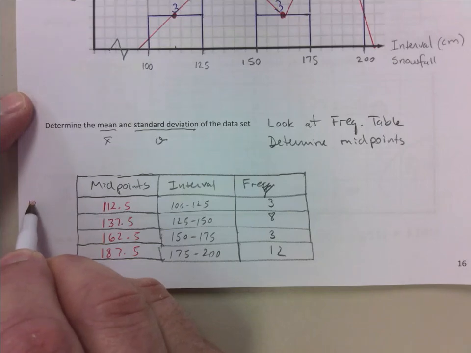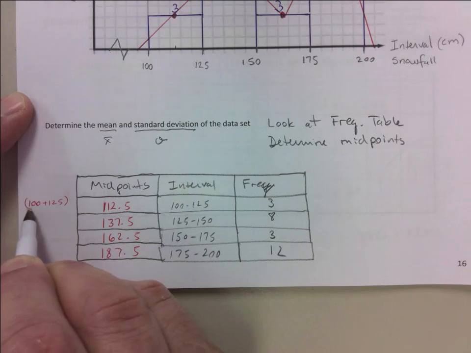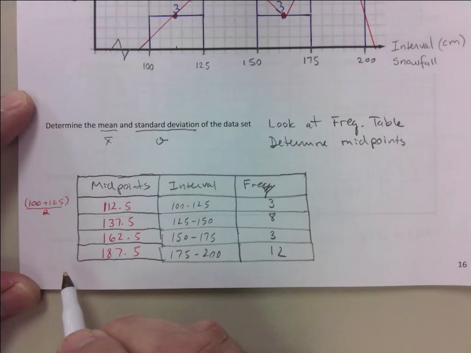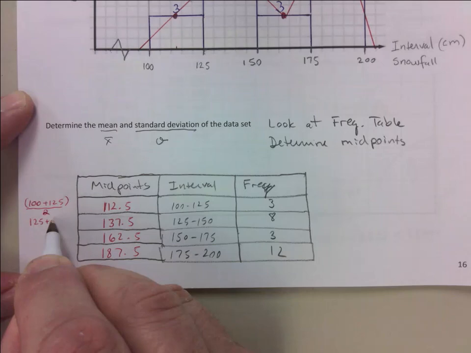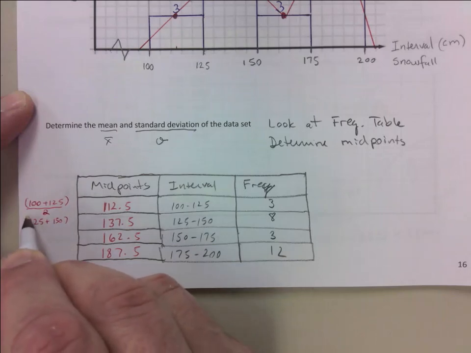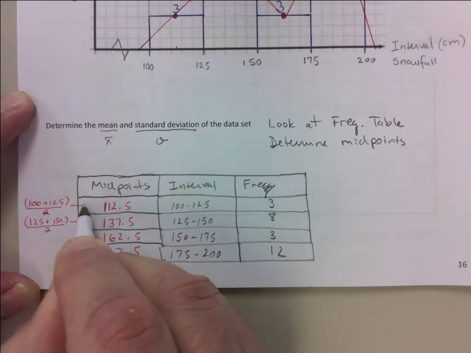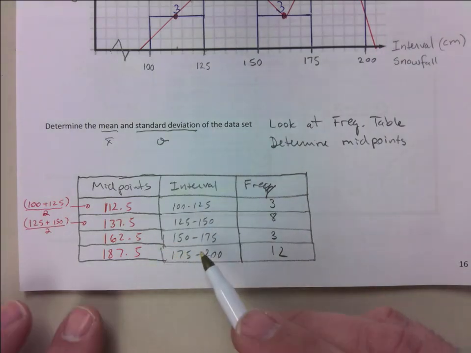This is 100 plus 125 divided by 2, right? This is 125 plus 150 divided by 2, and so forth. That's how you got these numbers. It's what you do every single time, basically finding the average between.